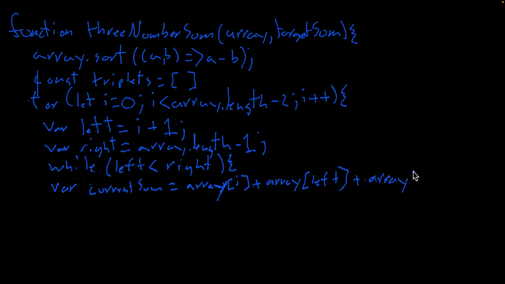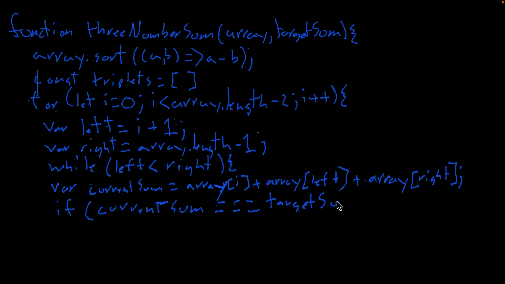Slowly realizing here I may not have space for a T diagram. And then we say if current sum is equal to the target sum, we're going to push to the triplets.